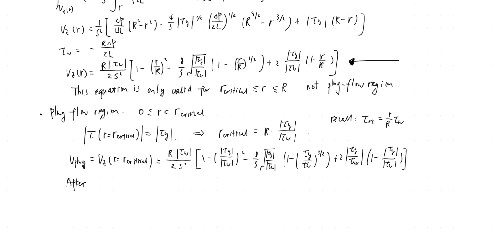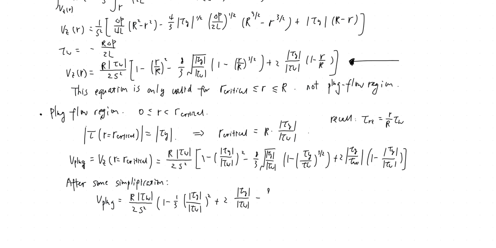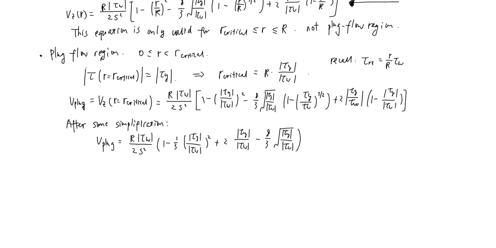After some simplification, you will get V plug equals R W divided by 2S squared, times 1 minus 1/3 tau Y divided by tau W squared plus 3 tau Y over tau W minus 8 divided by 3 tau W. Okay, this is the plug velocity.